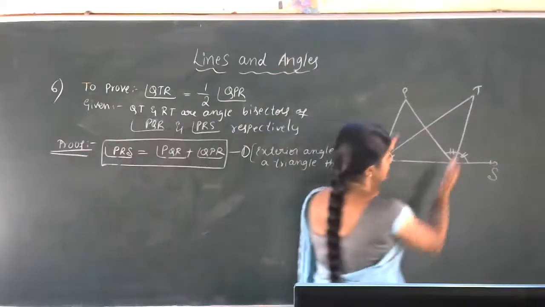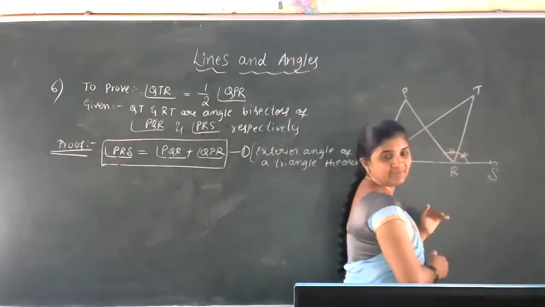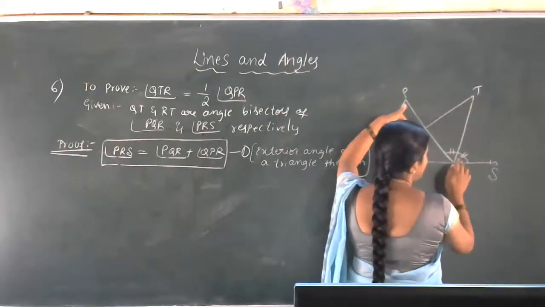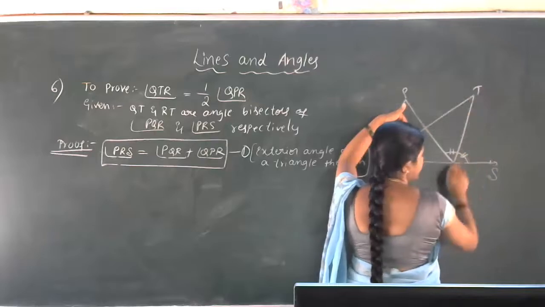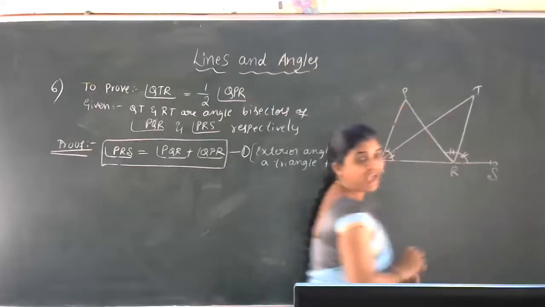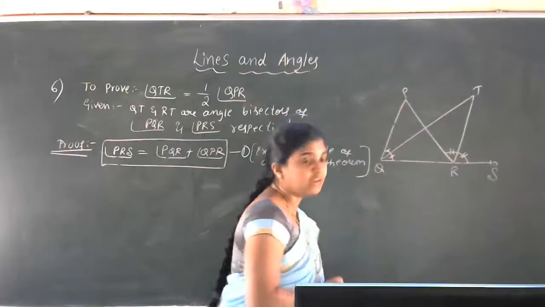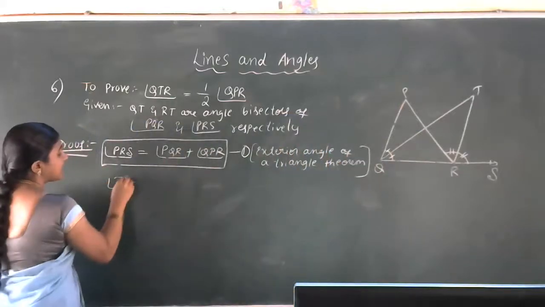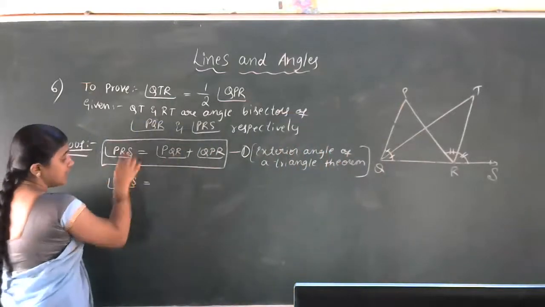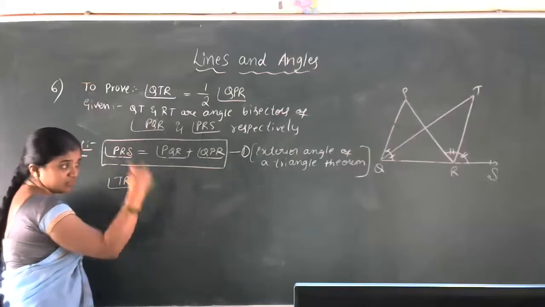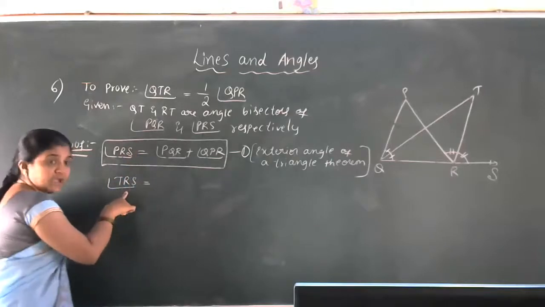Now, are you observing the second triangle here? Just observe the second triangle, QTR. For triangle QTR, TRS is the exterior angle. So we are dealing with exterior angles only. The first equation is related to the exterior angle of the first triangle.